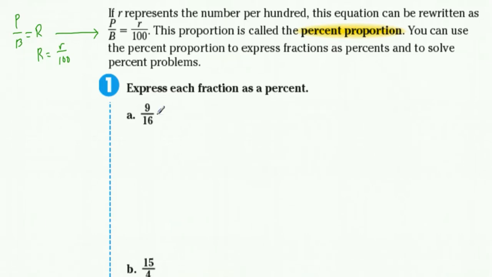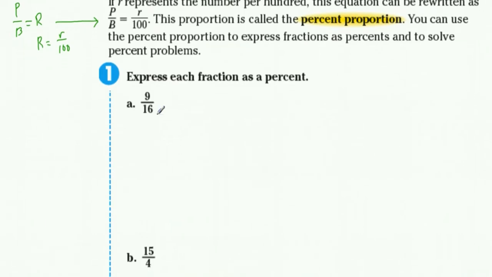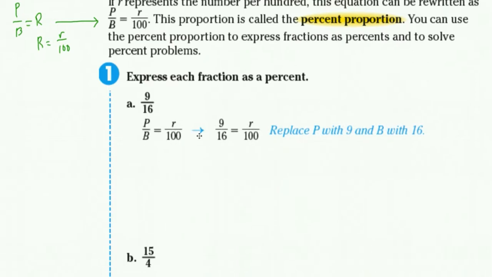Let's take a look at example number 1 and see how we can use the percent proportion to express each fraction as a percent. We have 9 over 16. Using the percent proportion, P over B equals r over 100, this becomes 9 over 16 equals r over 100. So we simply replace P with 9 and B with 16.